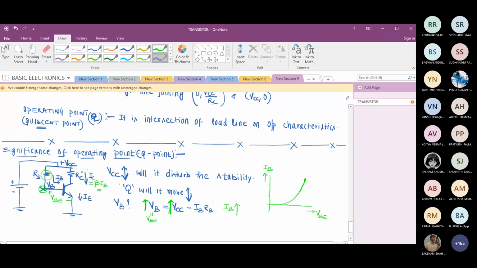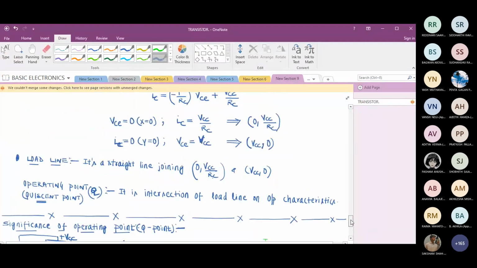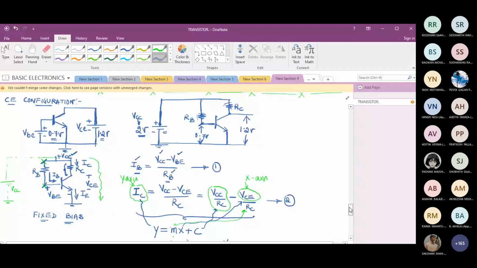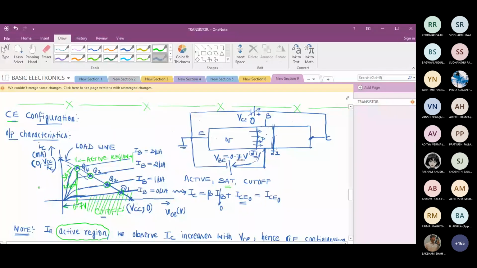Why does it keep moving? Because we have plotted collector current as a function of VCE. So if the collector current keeps moving up, see base current, if earlier it is 1 microamp, now it changes to 2 microamps. Will the collector current change? Will I get this characteristic now?